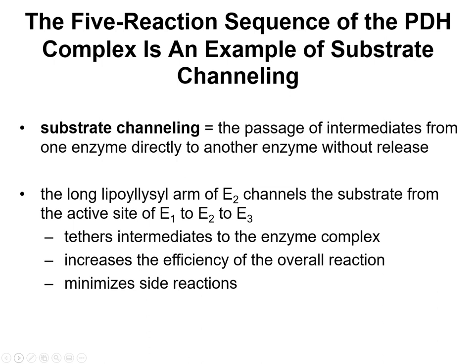That's just so cool. And that increases the efficiency of the overall reaction because you don't have to worry about, well, I hope that this two-carbon group makes it on over to E2 via diffusion without being snapped up by another process or doing some other chemistry. So you minimize the side reactions that can go on.